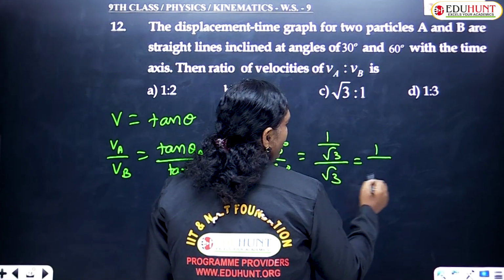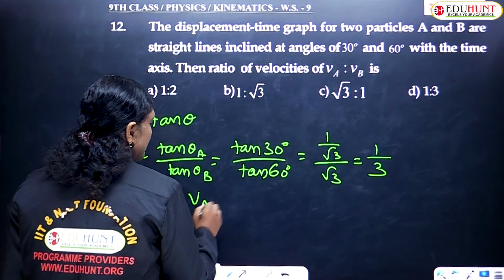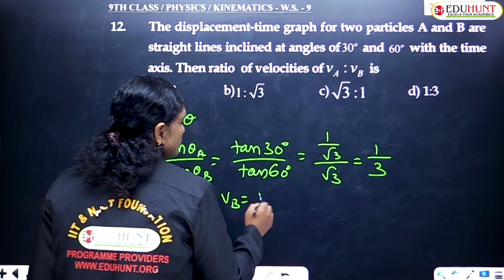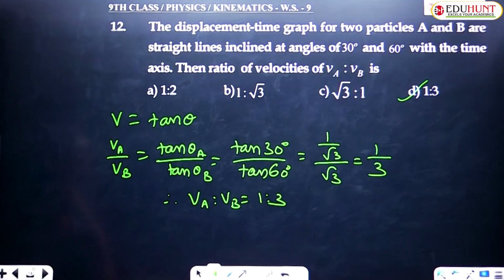It is 1 by root 3 into root 3, which is 1 by 3. Therefore, VA is to VB is 1 is to 3. Fourth option. Okay children, so slopes.